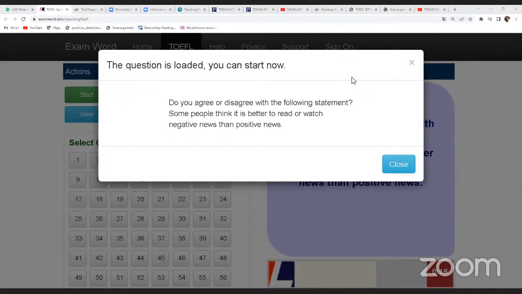I remember that my family and I, every day, we watched the news and the number of deaths from COVID were increasing every day.